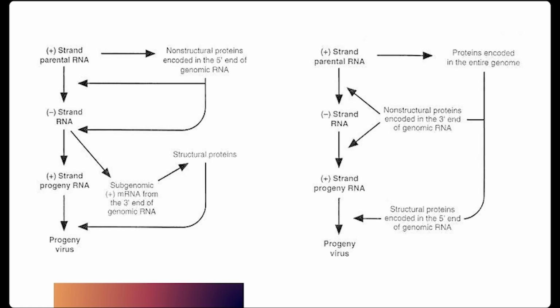So this is already being packaged up, and it only has to make a little bit of that, while for alpha viruses, all of its proteins have to be produced from the RNA form. So all those structural proteins are dependent on one side of that RNA strand.